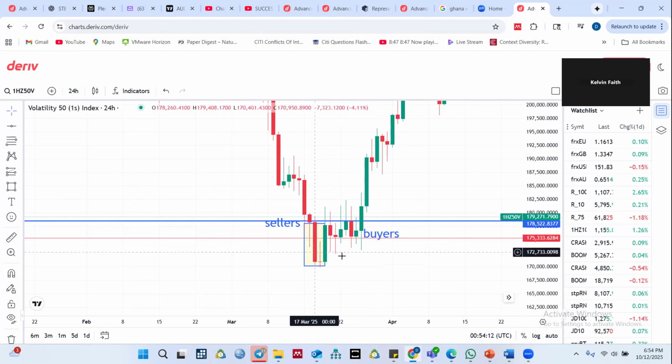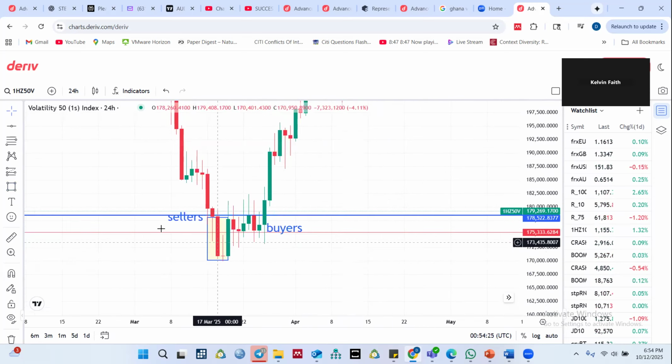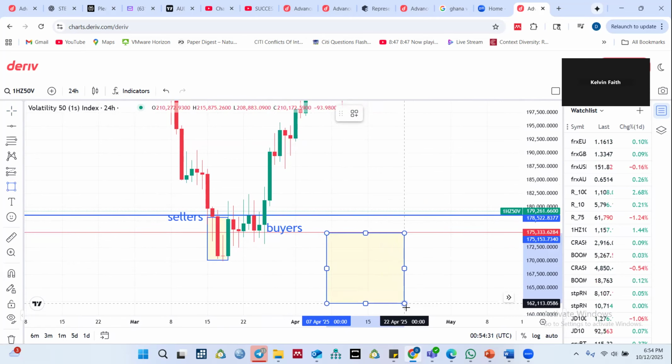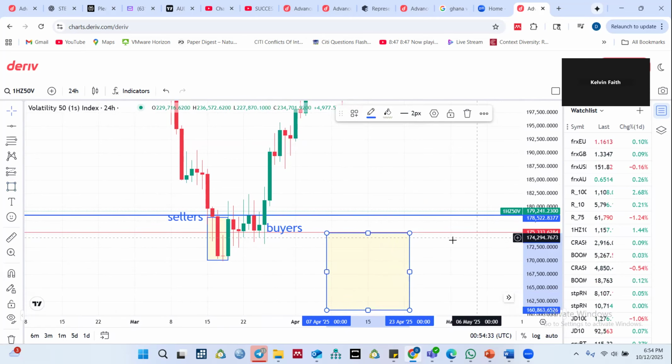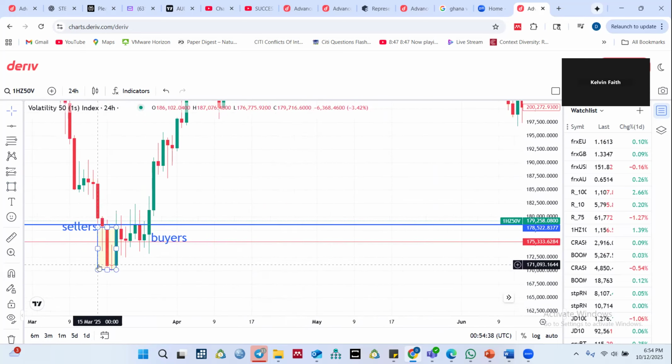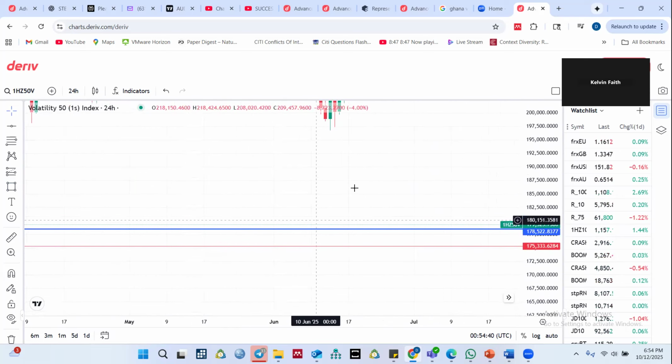And so, if the buyers get weak because of this intention of a bearish close here, the sellers will take over, and then we will see a lot of selling activity going down below. So that is the meaning of this. Let's keep backtesting. Let's keep going forward and see.